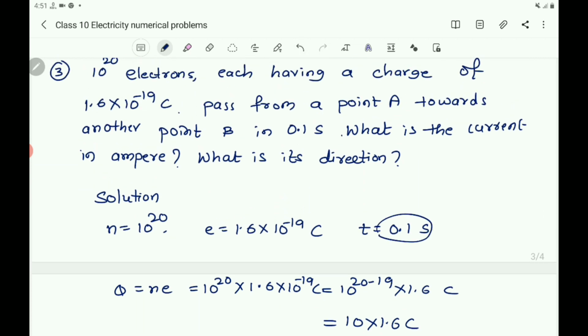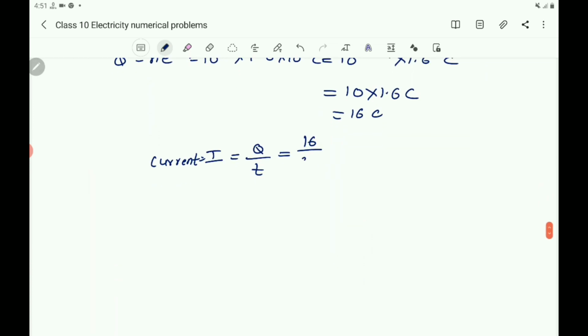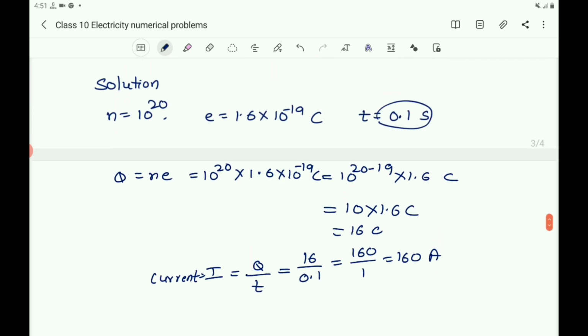Then you remove the decimal point, taking 0 in the numerator, that becomes 160 by 1, equals 160 amps. So here the current is 160 amps.